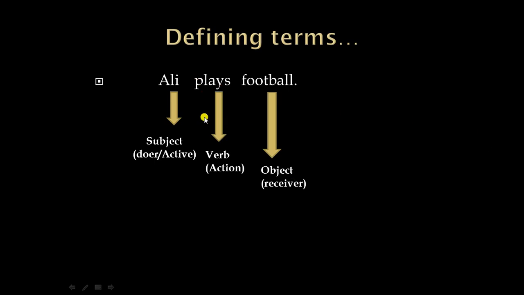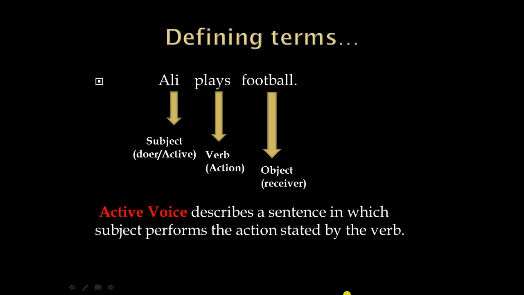So this sentence is considered to be written in active voice. Why? Because the subject here is the doer of the action and is performing the action actively. So active voice describes a sentence in which the subject performs the action stated by the verb.